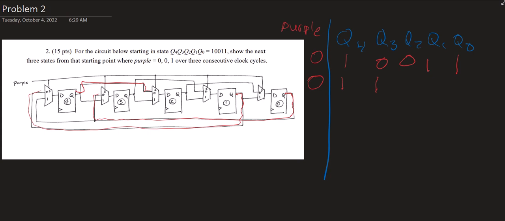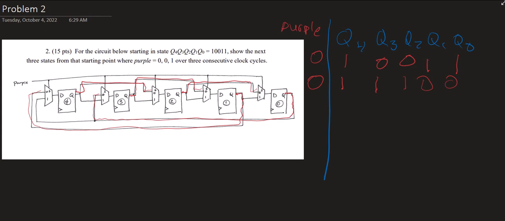It looks like it's Q4, and Q4 for the clock cycle before was 1. Q1 is getting Q3, and the clock cycle before Q3 was 0. And Q0 is getting Q2, and Q2 was 0.